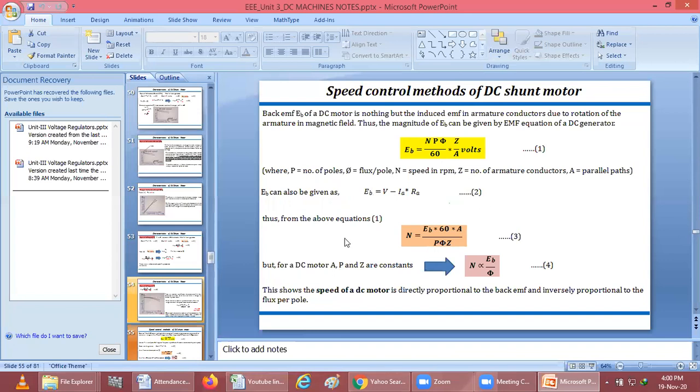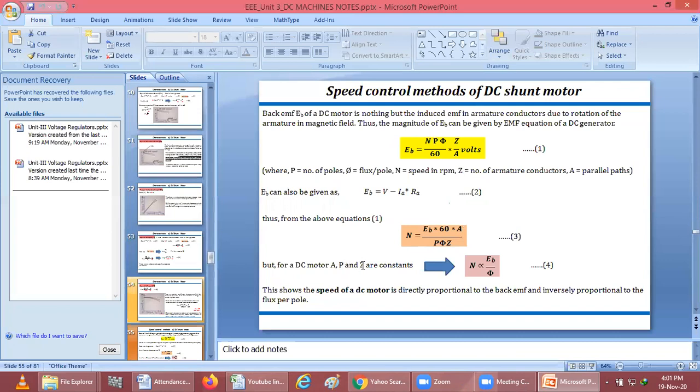If you put the value of the first equation in the second, and rearrange that equation in the form of speed, you will get N equal to Eb into 60 into A upon P phi Z. Here A is nothing but the number of parallel paths, because these concepts relate to the path of the winding.